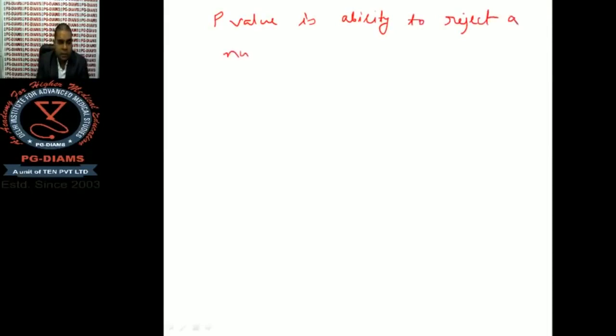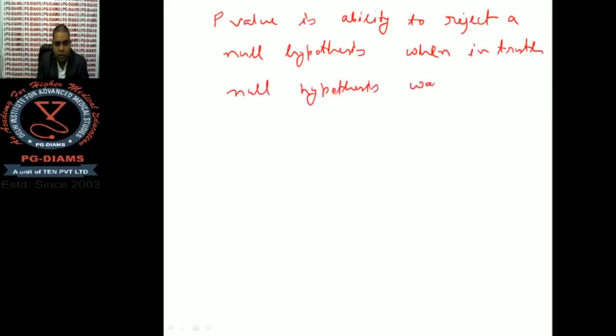You can say that p-value is the ability to reject a null hypothesis when in truth the null hypothesis was correct.